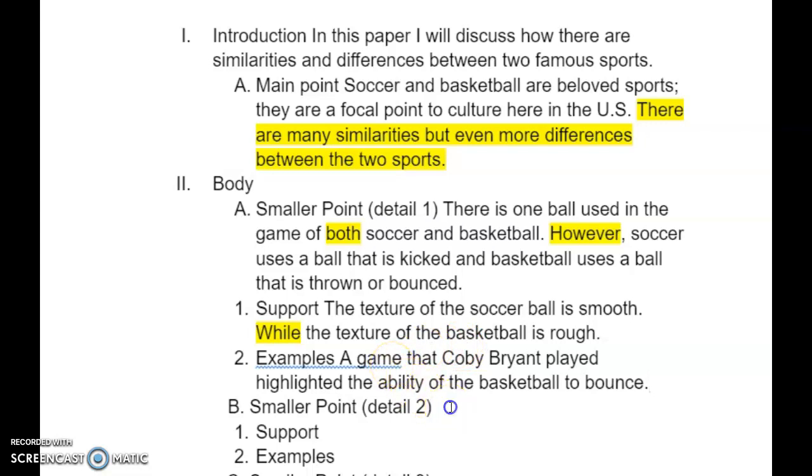All right, so let's move on to our next point, our next detail. This is supporting that basketball and soccer are different. So let's think back to how we contrasted. What the players use.